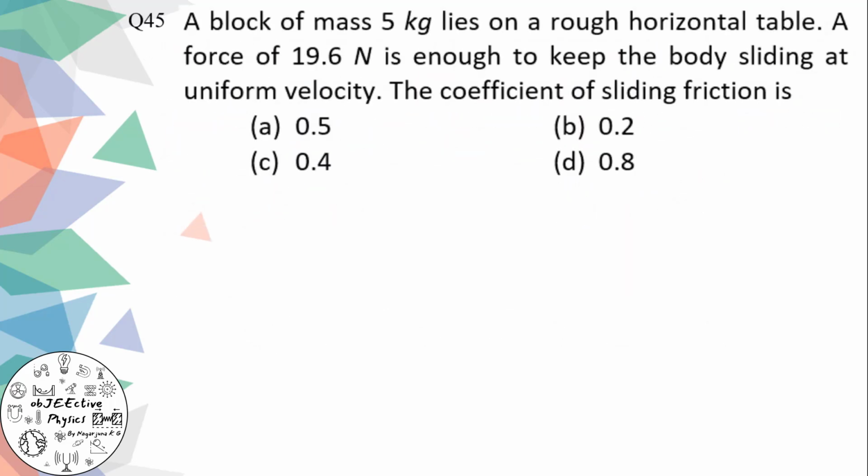A block of mass 5 kg lies on a rough horizontal table. A force of 19.6 newtons is enough to keep the body sliding at uniform velocity. The coefficient of sliding friction is. Solution: we know that coefficient of friction is equal to F divided by N, that is equal to 19.6 by 5 into 9.8, that is equal to 0.4.